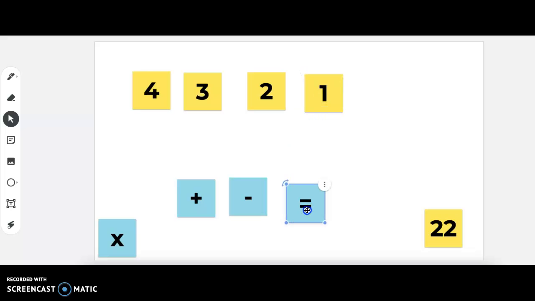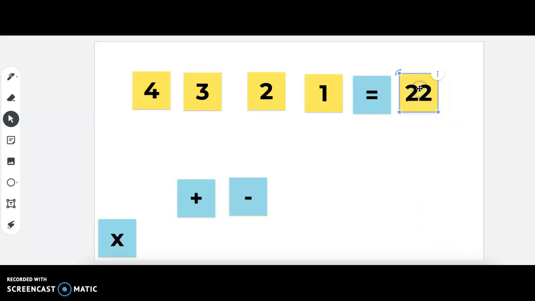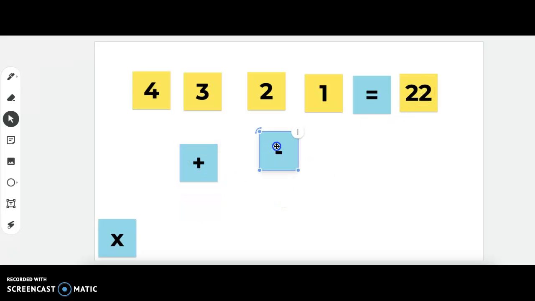And then you're going to have perhaps an equal sign, and then another, it's actually not going to be post-it note, but another 2-digit number. So you have to figure out how you can make these 4 equal this 2-digit number, okay? And you're going to use either, and this is what makes it a little bit simpler, an addition sign or a multiplication sign.